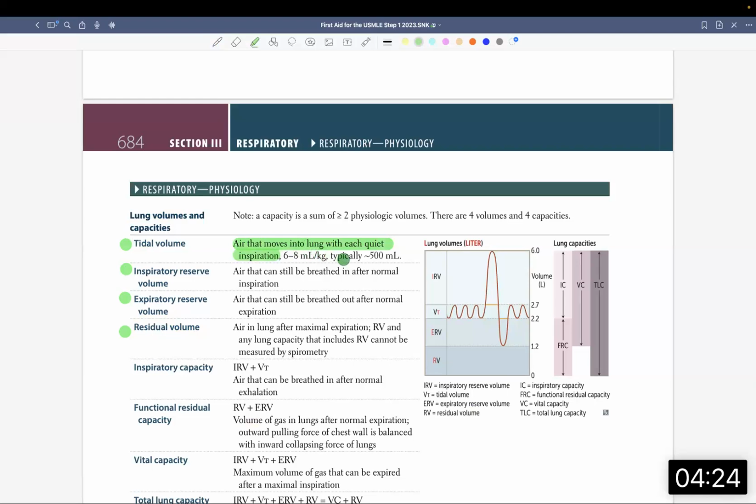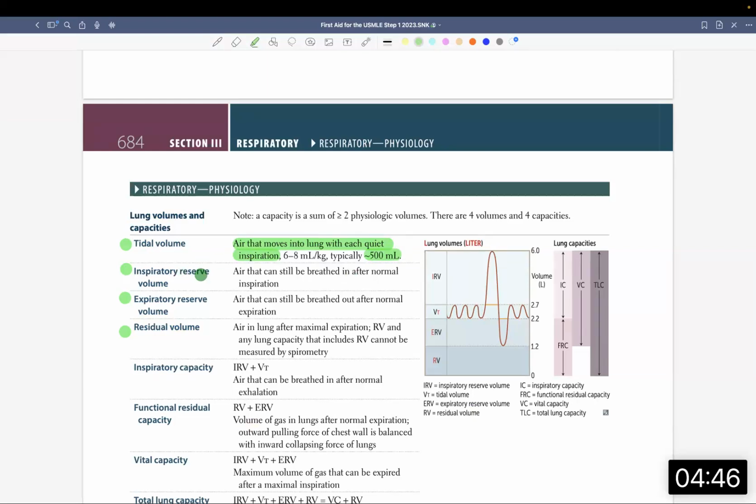It is 6 to 8 ml per kg, typically approximately 500 ml with quiet inspiration.